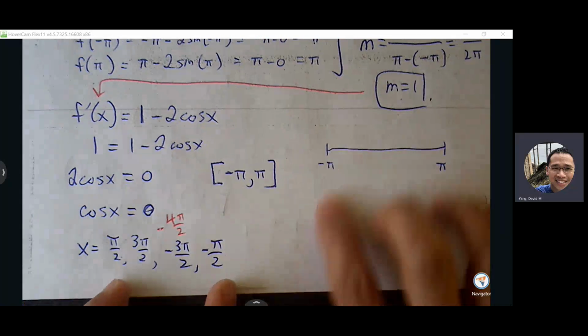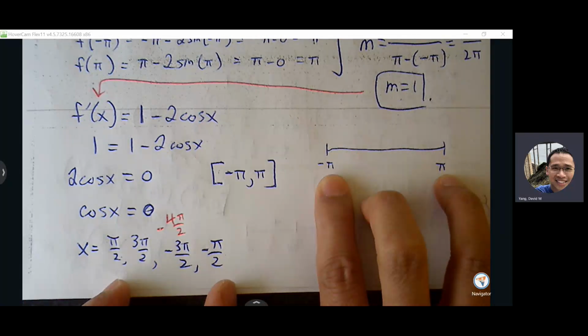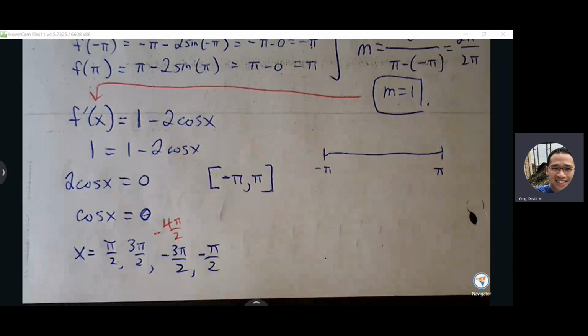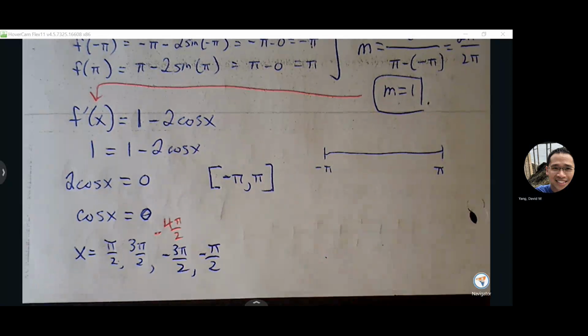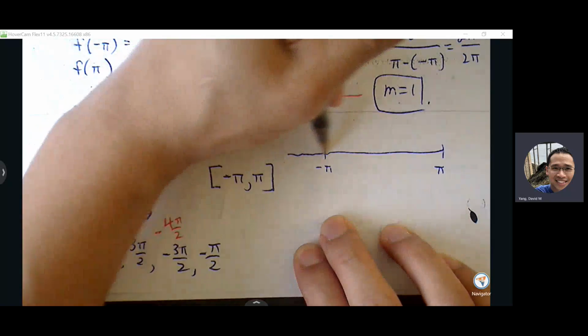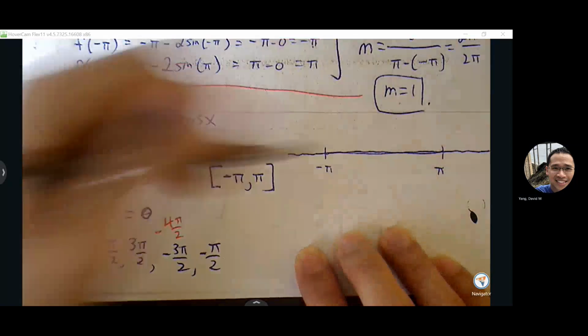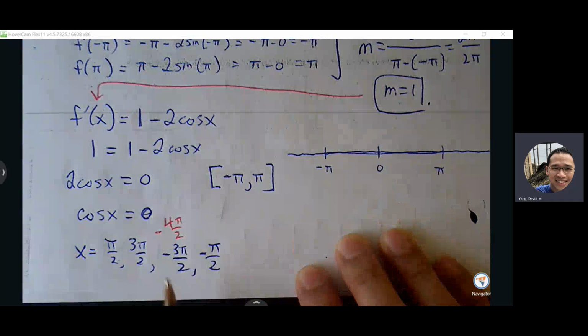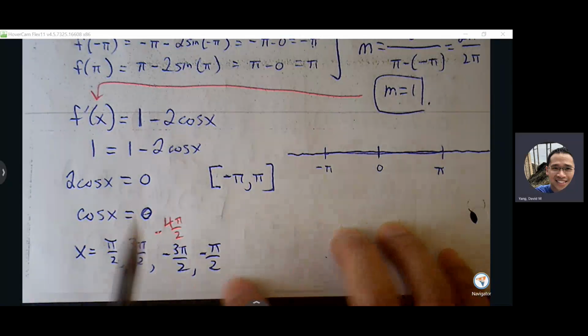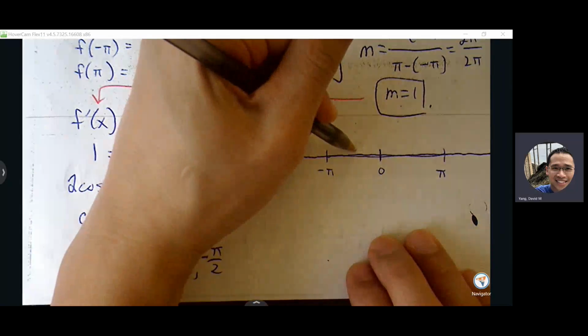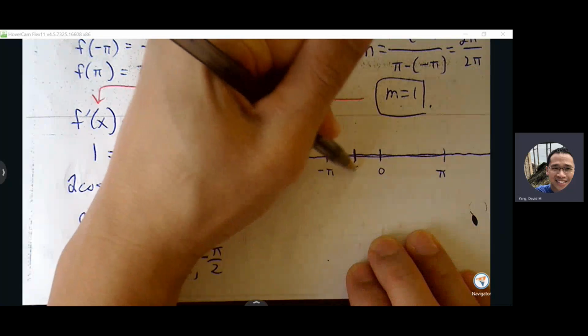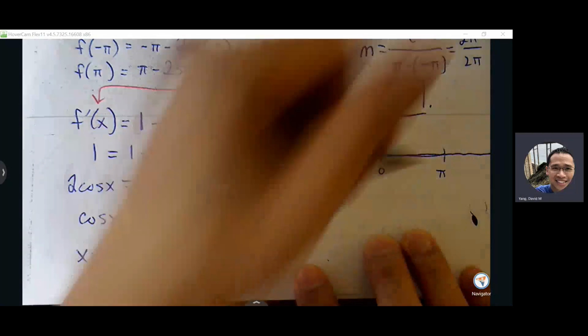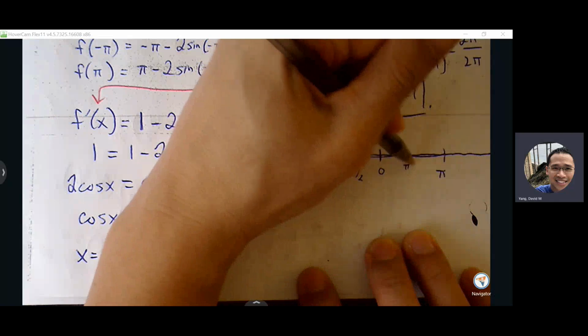So which one of these values will land nicely between negative pi and pi? Here's my number line. Imagine this is 0 here. Negative pi over 2 is negative 1/2 pi, so that should be safely in here. Pi over 2 is also within the interval.